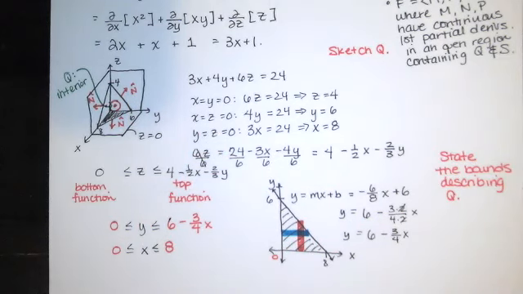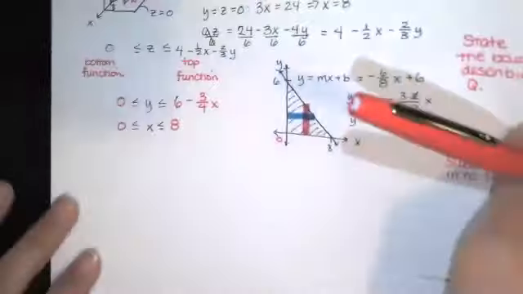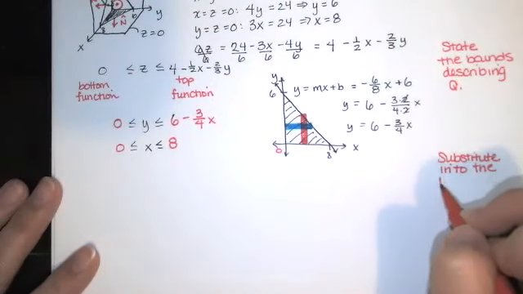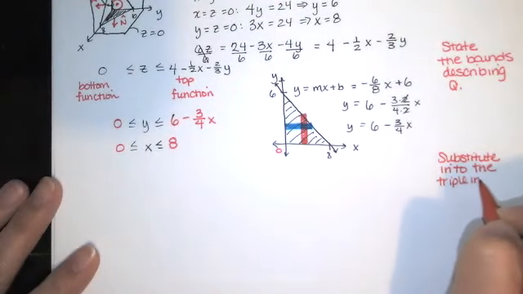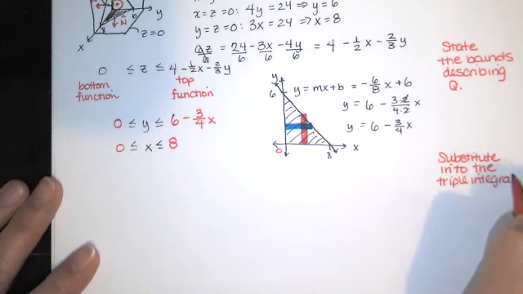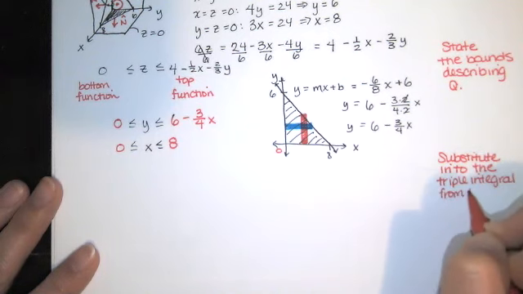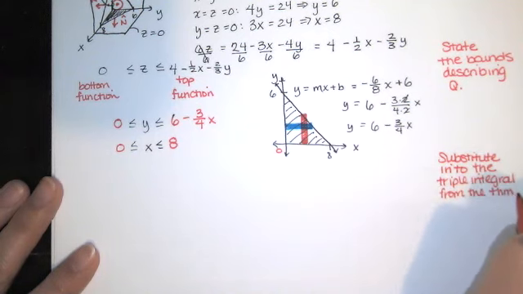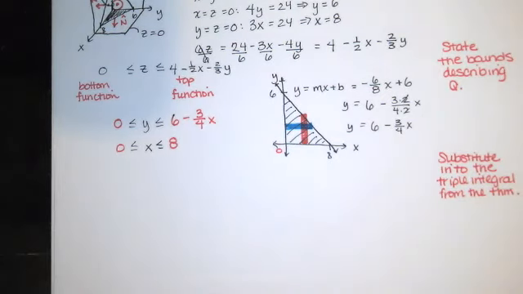And now we're just going to substitute those into the divergence theorem. I'm using THM as an abbreviation for theorem.